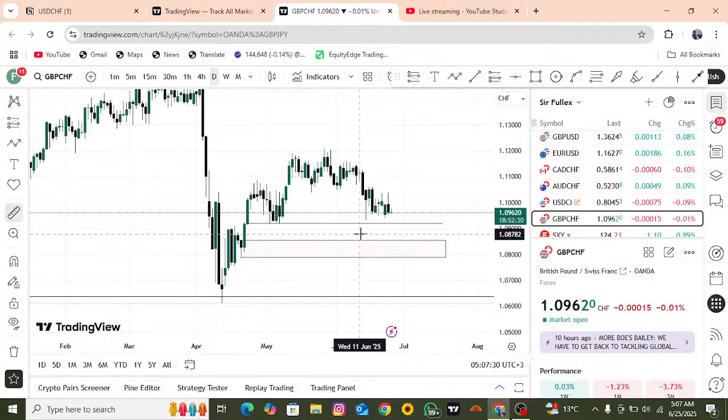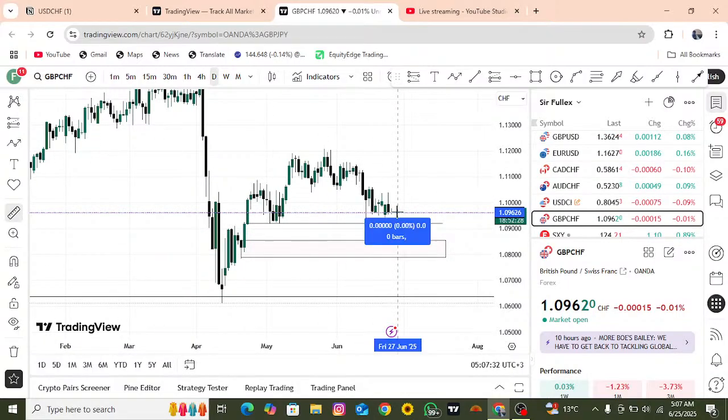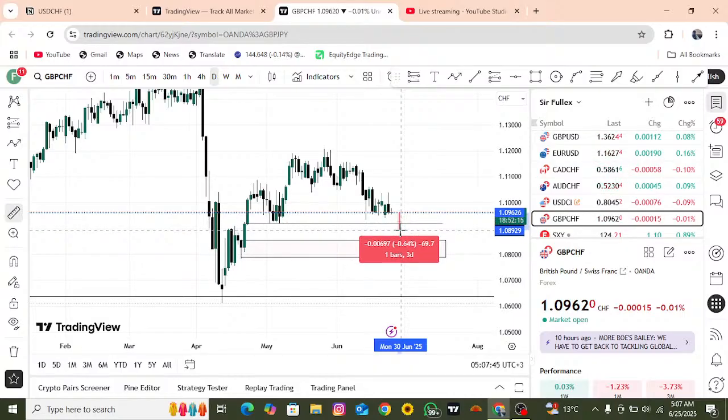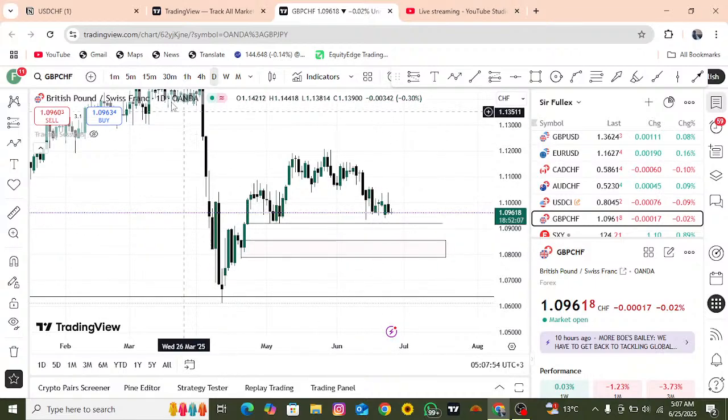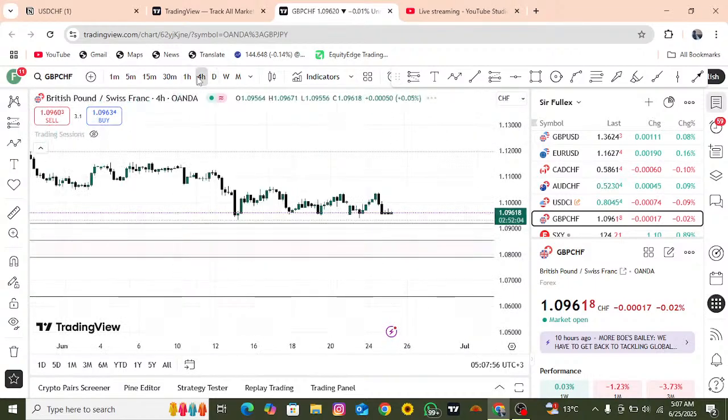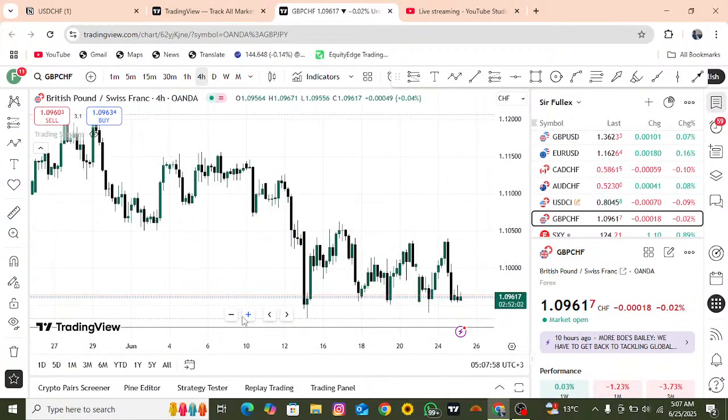I normally count my pips to see how much I'm expecting. So I expect price to tap this level. Alright. But anyway, story for another day. Let's come to this pattern here.